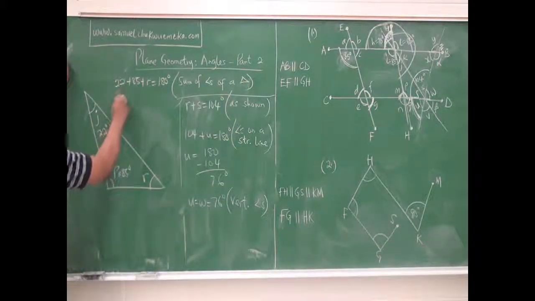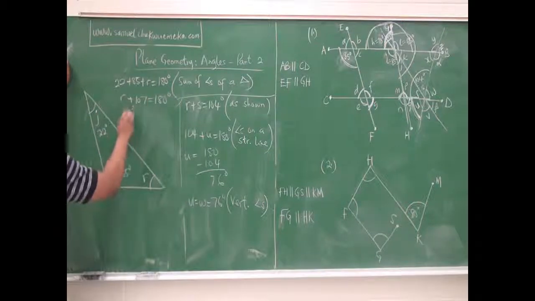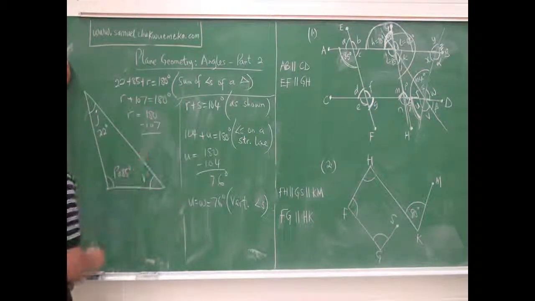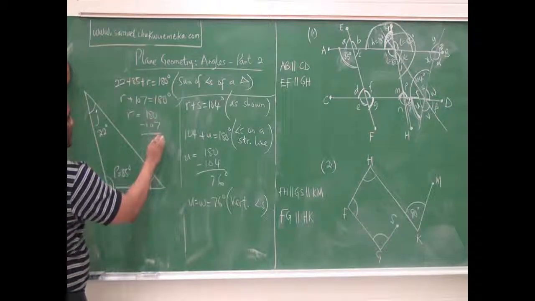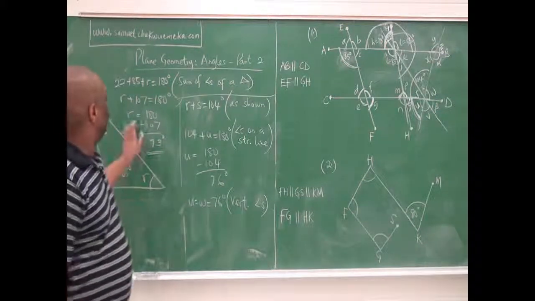So this means that R plus 107 is 180 degrees. So R will be 180 minus 107, which is 73 degrees. R is 73 degrees.